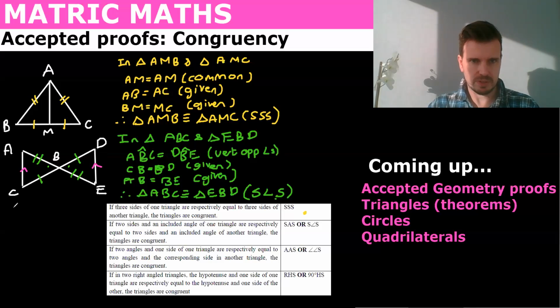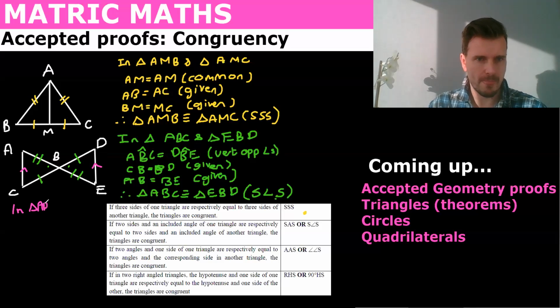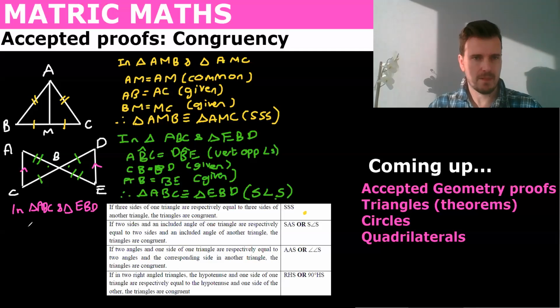So we would say the same again, in triangle ABC and triangle EBD. And so let's just say A equals E, and that is alternate angles.